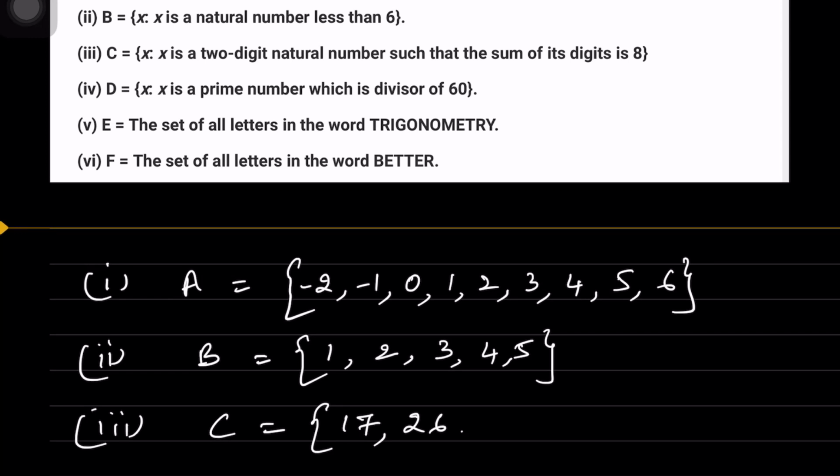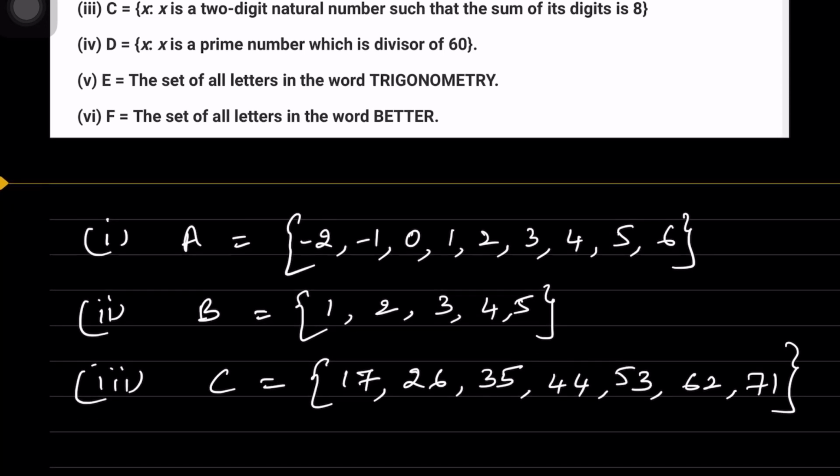Then 26, 35, 44, 53, 62, 71. After 44 we wrote the reverse of all these numbers: 35, 53, 26, 62, 17, 71. All these numbers, when you add the digits, the sum of these digits is nothing but 8.